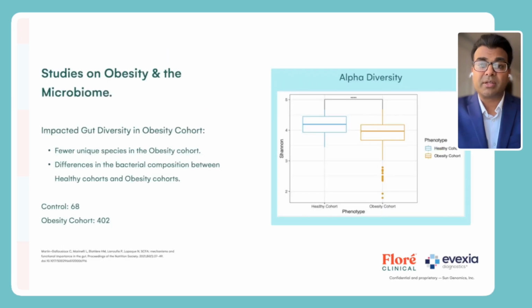So when we took our database of over 40,000 metagenomic profiles, looking at the microbiome at deep levels, and then selectively isolating out all of the individuals that have elevated levels of BMI index, establishing an obesity cohort, and comparing them to our healthy cohort, where we peer-reviewed and published on in IBS as well as in autism, and then further trimming that healthy cohort for the obesity study.